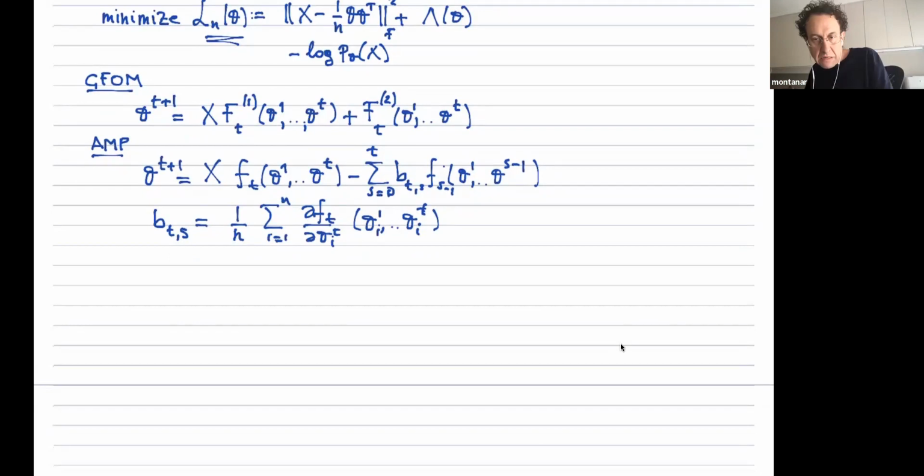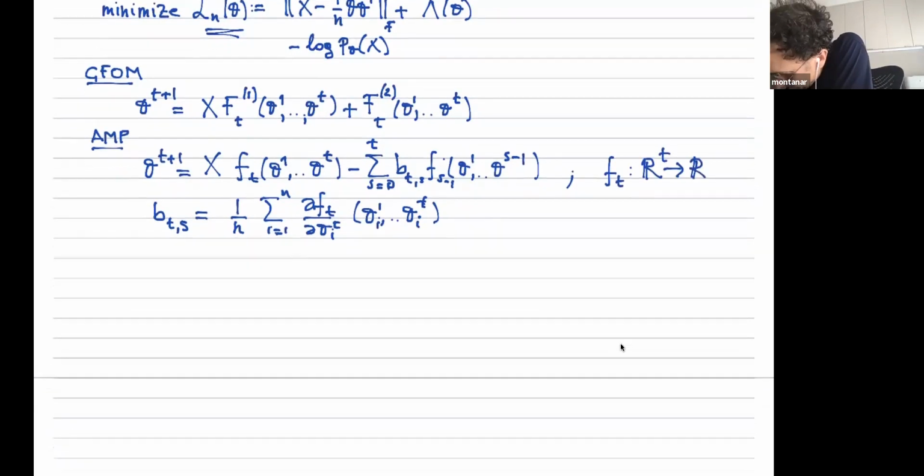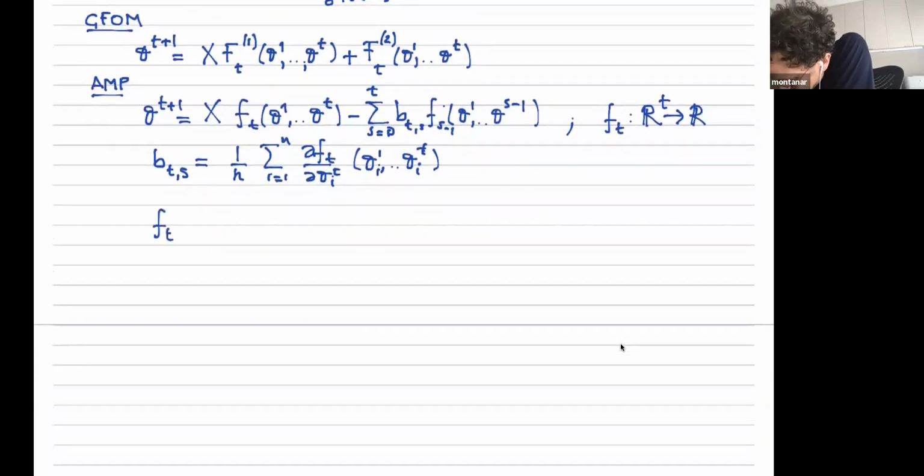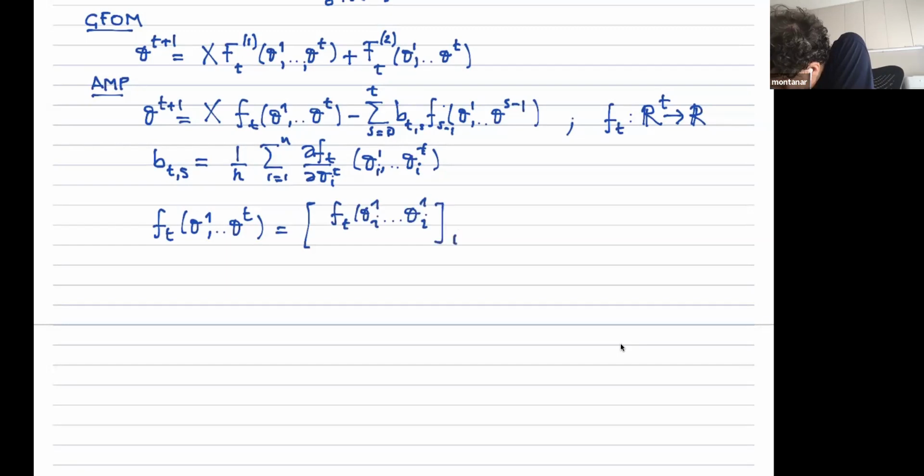Here my convention is that this is just the vector with entries f_t of θ_{1,i} to θ_{t,i}.